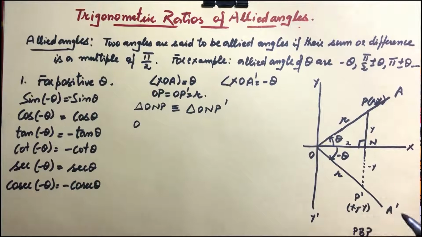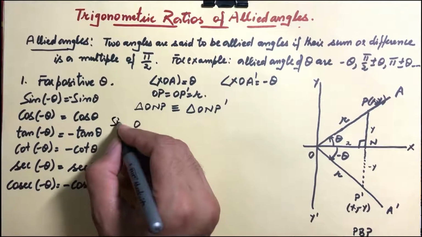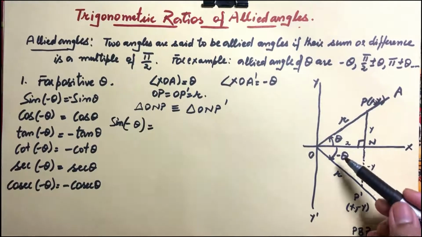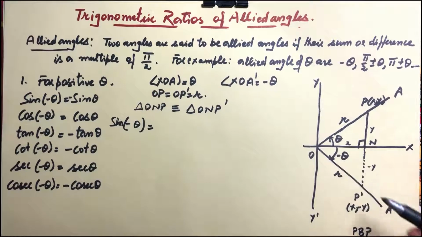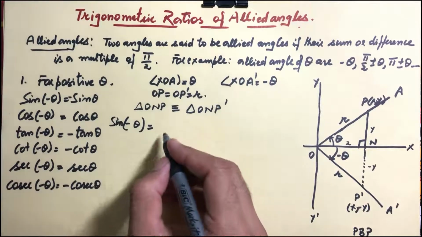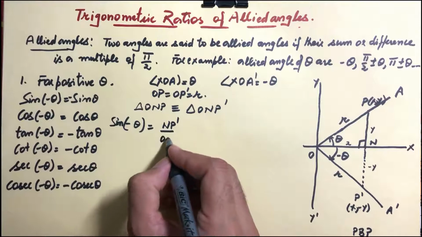Okay, now for the triangle ONP dash, we write sine of minus theta, because this angle is minus theta. So by the formula, this is perpendicular upon hypotenuse. What is the perpendicular here? NP dash upon OP dash.